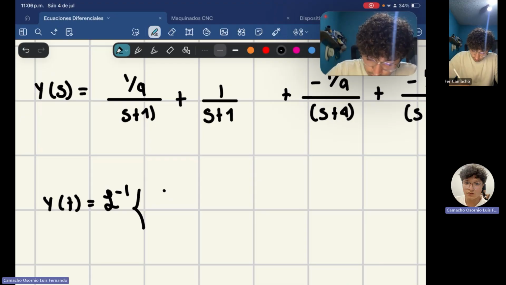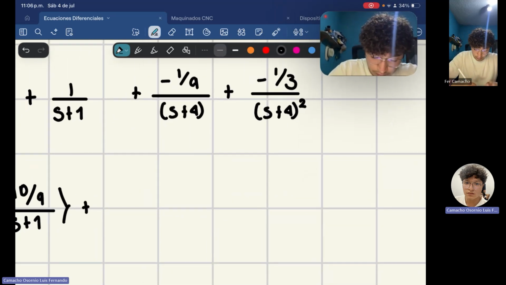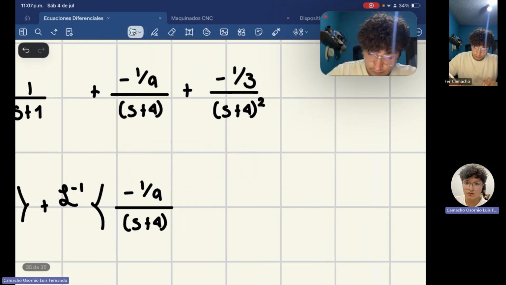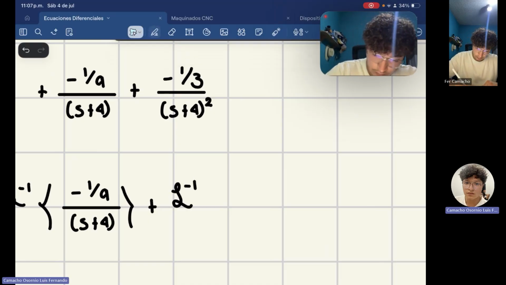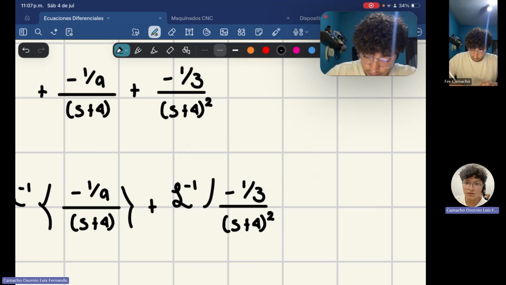So we are going to have 10 over 9 plus 1 plus the Laplace transformation of this part, another part of this part.